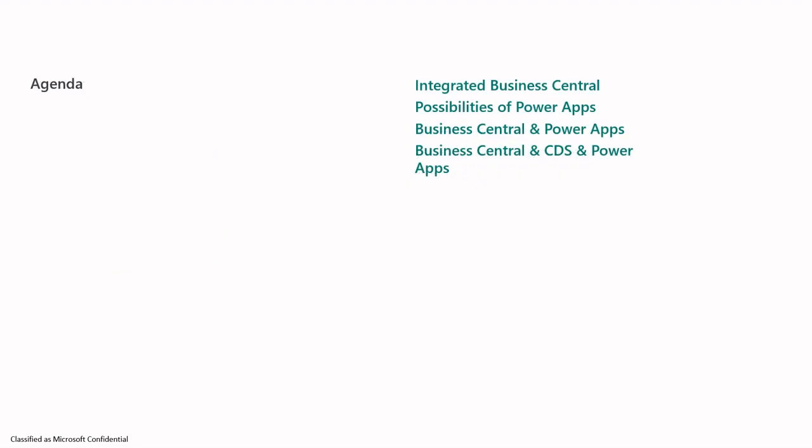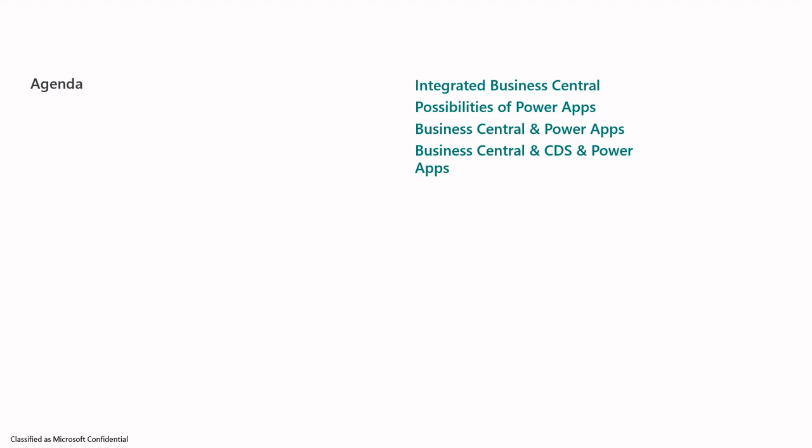Regarding our agenda today, we will speak about what the integrated Business Central is, how we will integrate, and what the possibilities of integration of Business Central with Power Platform are. Today we will take a deep look at Power Apps.